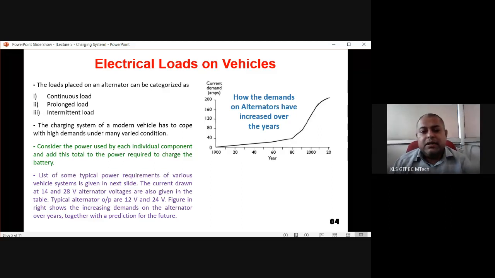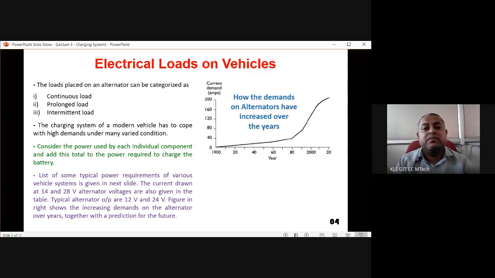Here you can see that till 1980 the requirement on the vehicle was very low, and after 1980 up to around 2000 there was one increment, and after 2000 it is increasing exponentially. That is, the load is exponentially increasing. So a huge demand is now there on the alternator, and the design and research in the alternator has also gone forward, and it can give us very big power output.